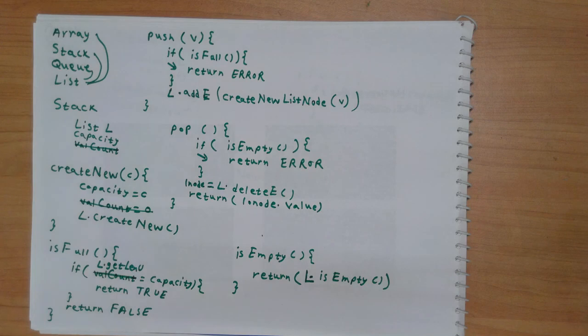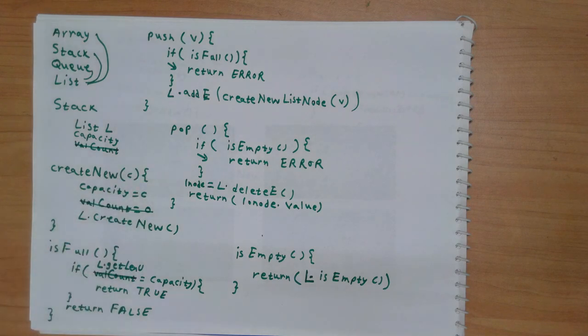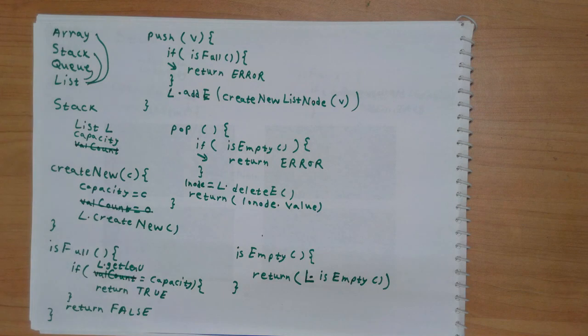However, if my list is a doubly linked list, then the same operation can be completed in constant time. So the implementation details matter when you have to decide the efficiency, but to understand the logic, we don't really have to worry about how the list is implemented. Here we are just defining the behavior. So that's about stacks using a list.